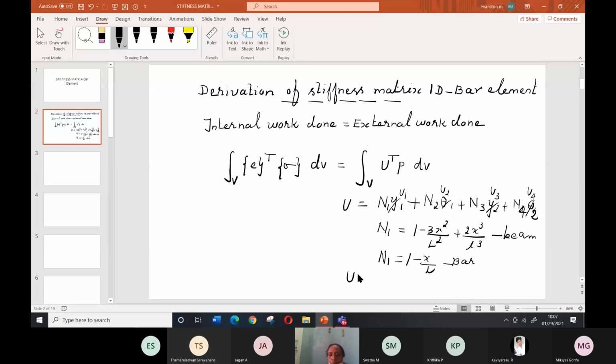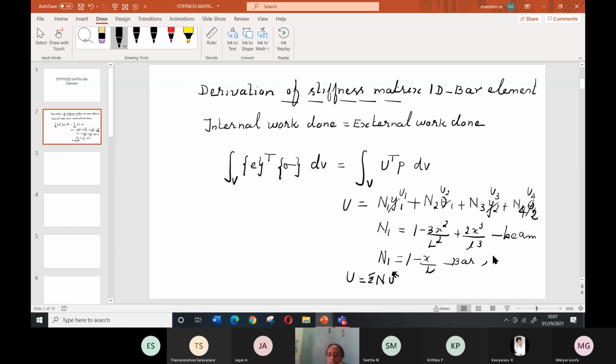So U is equal to the summation of N into u star, where N into u star is N1 into u1 plus N2 into u2 plus N3 into u3 plus N4 into u4.